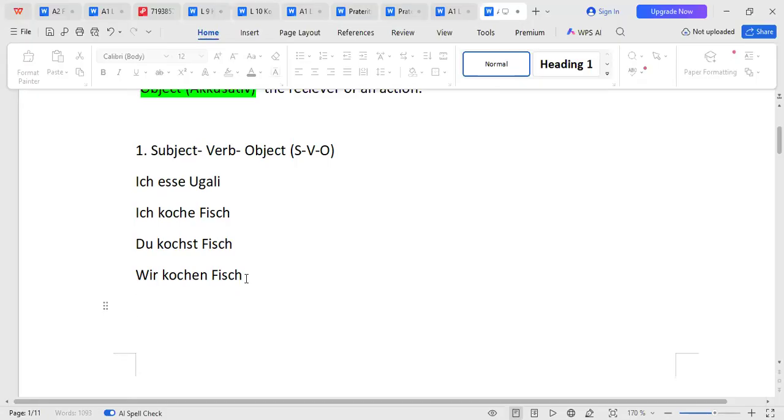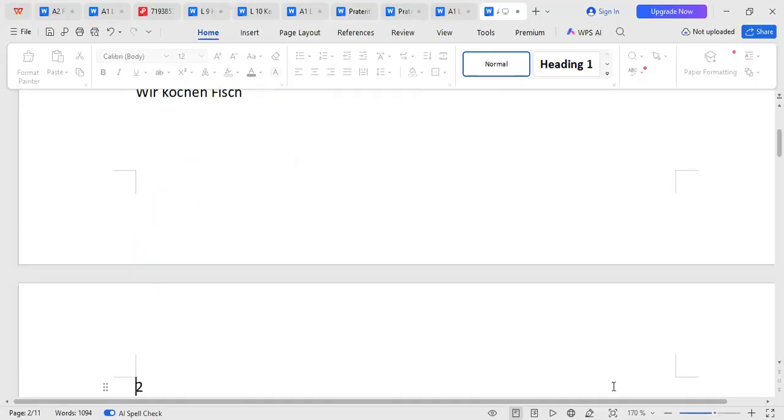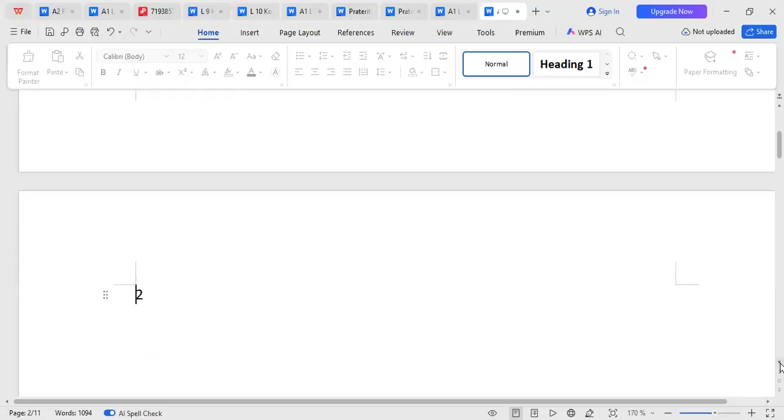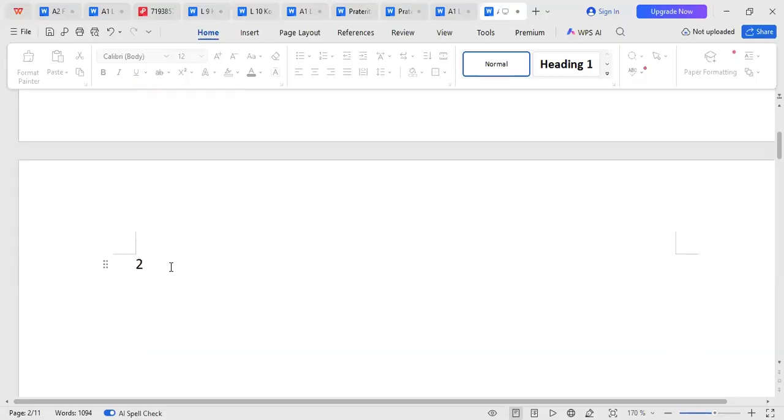The second sentence structure, after the normal one. You can include now the adverb, maybe the adverb of place, adverb of time. In this instance, the adverb comes after the verb. For example, this pattern takes subject.